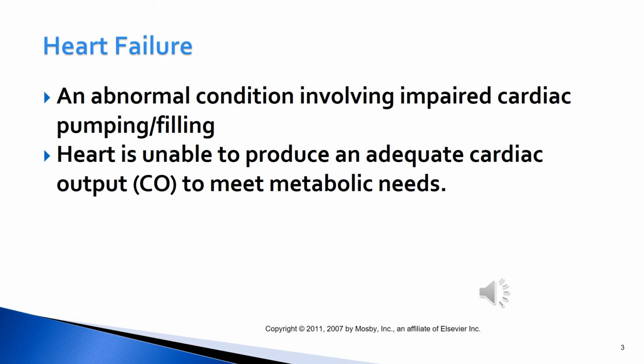So if you put that into perspective, you can start to understand that heart failure means pump failure. There's something wrong with the pumping, whether it be the right side of the heart or the left side, or if it's in systole or diastole. It's not properly contracting to the point where it's not meeting the cardiac output needs and the metabolic needs of the body.